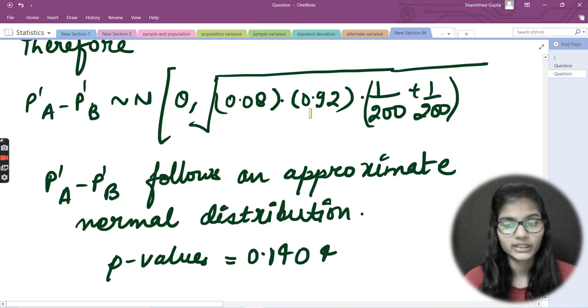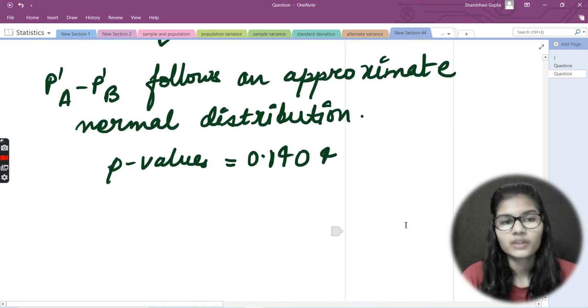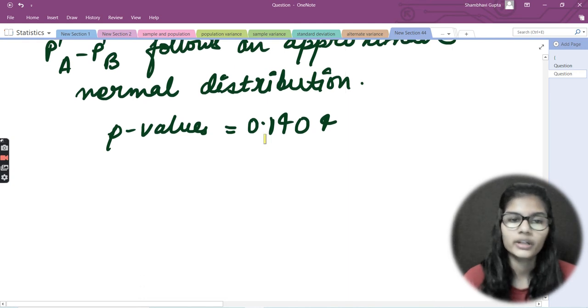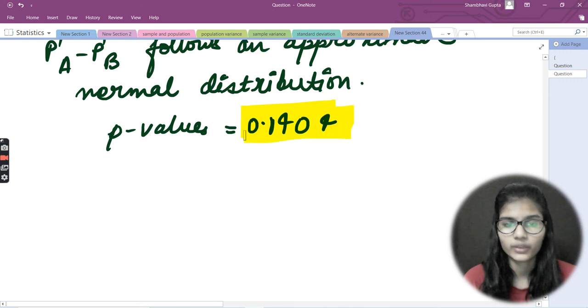So 0.92 was 1 minus PC value, right? And it was 1 upon NA plus 1 upon NB. NA and NB values were 200, so we just put those in. So we found that P dash A minus P dash B follows an approximate normal distribution. And this was the P value which we had found.